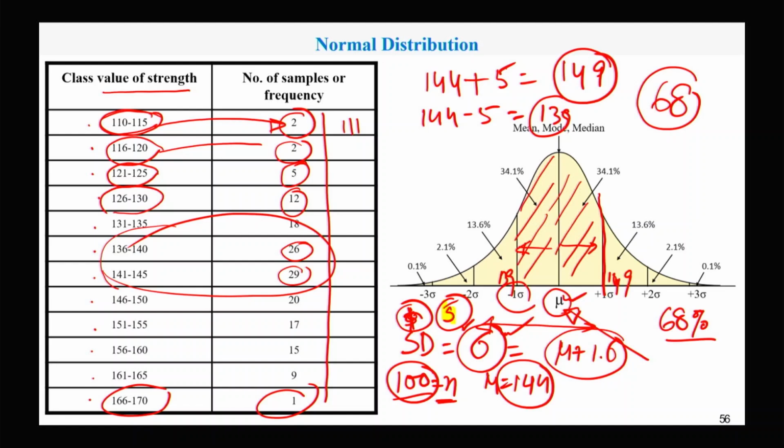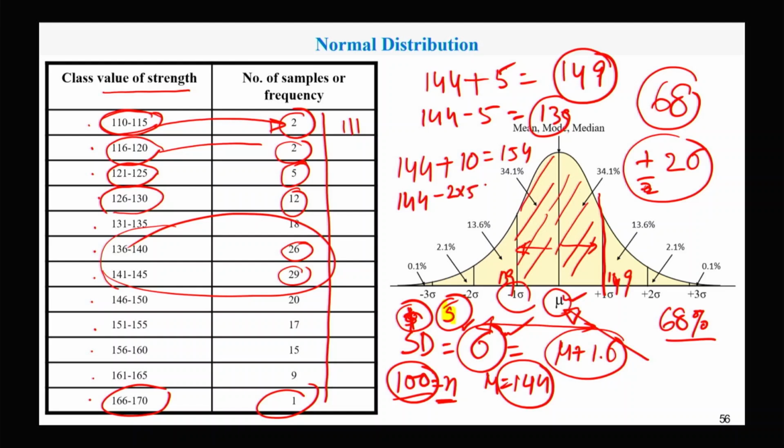And similarly, if we go beyond that, plus minus 2 sigma, that means 144 plus 10, and 144 minus 2 into 5, 10, equal to 134.